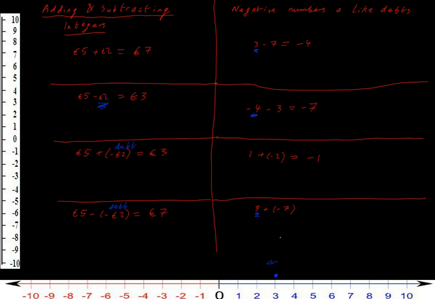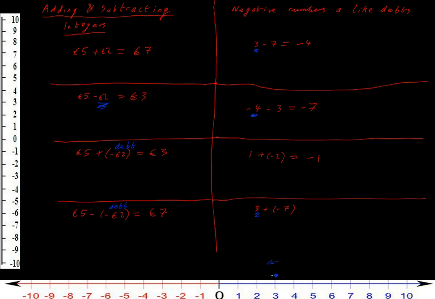And if we go back to what we were talking about the last day, we can also think about this in terms of temperature. If it's a cold winter's day and we say, oh, it's 3 degrees outside, and then we hear on the radio it's going to get 7 degrees colder tonight. Well, what temperature are we going to be down at night if we start at 3 degrees and we get colder by 7 degrees?